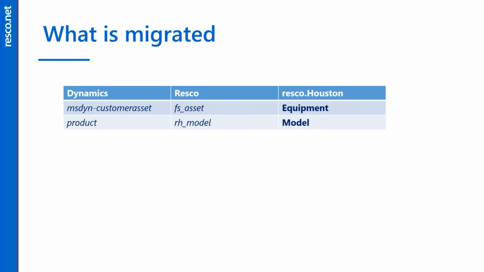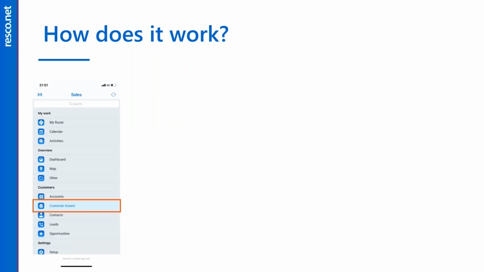So what is migrated? We are talking about 2 entities. It's the asset on Dynamics and the product on Dynamics. On Resco Cloud, it's asset and model, and in Houston terminology, it's equipment and model. So how it works, we are basically associating an asset on Dynamics with equipment on Houston.